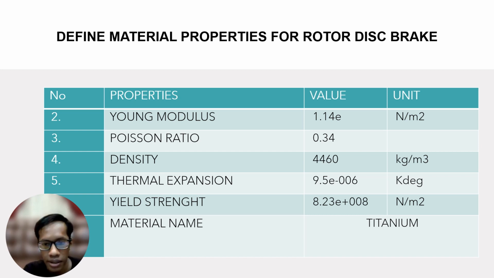Thermal expansion is 9.5 exponent 006, and the yield strength we got is 8.23 exponent 008. And lastly, the material we use is titanium, specifically titanium alloy.